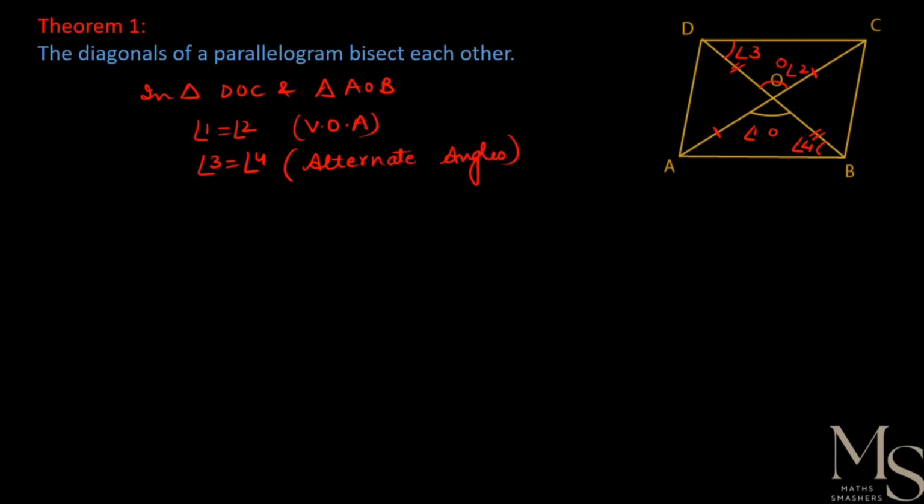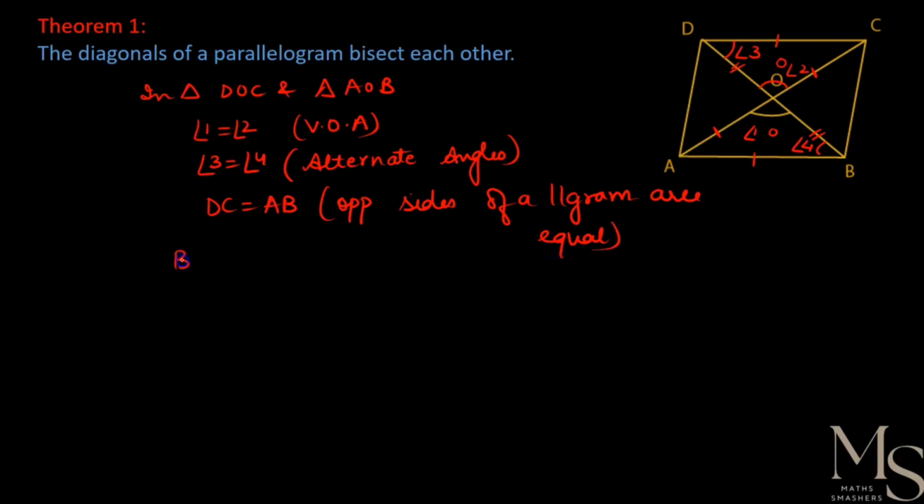And it is a parallelogram, so we can say that DC is equal to AB. So DC is equal to AB, opposite sides of a parallelogram are equal, right? So by angle side criteria, triangle DOC is congruent to triangle AOB. ठीक है, congruent हो गए.